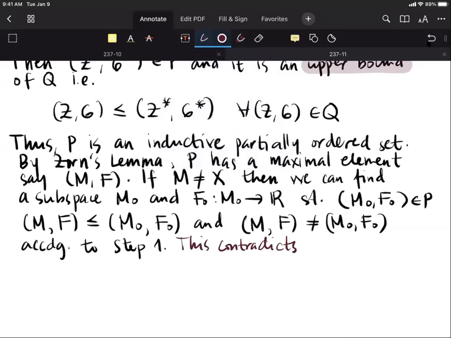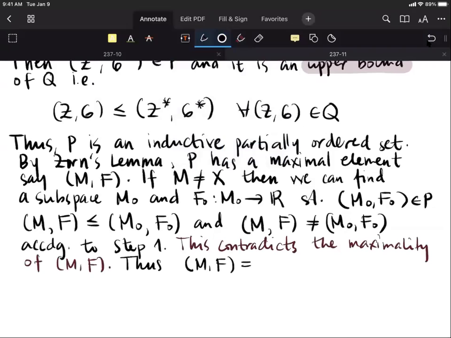So this contradicts the maximality of M, F. Thus, X is equal to M. Therefore, M, F is equal to X, F, and this is an element of P.